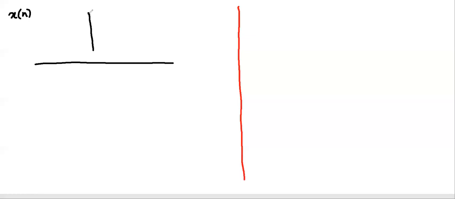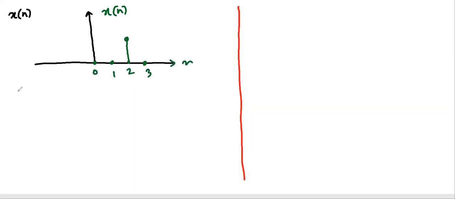I'd like to draw a very simple signal to make the point clear. So let's say this is 0, this is 1, this is 2, this is 3. At the location of 2, we have one stem. So this is our x[n].